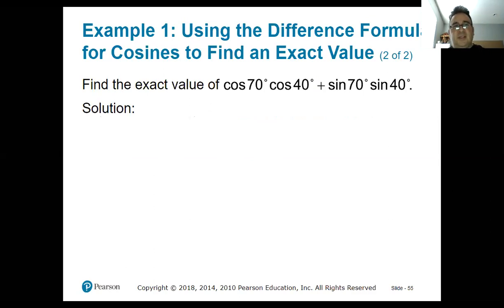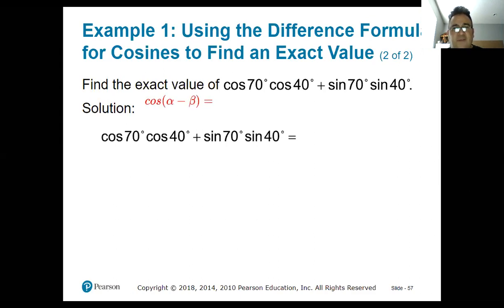So we're still using the difference formula of cosine. All right, so let's see. We've got this: cosine of 70 times cosine of 40 plus sine of 70 times sine of 40.